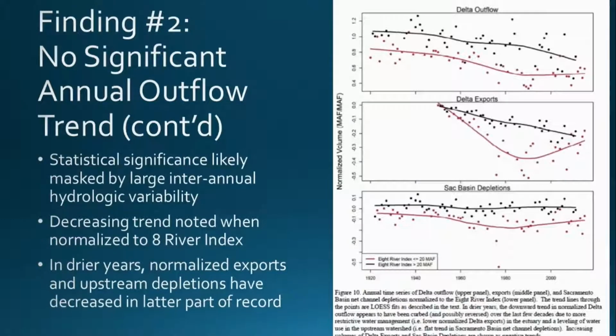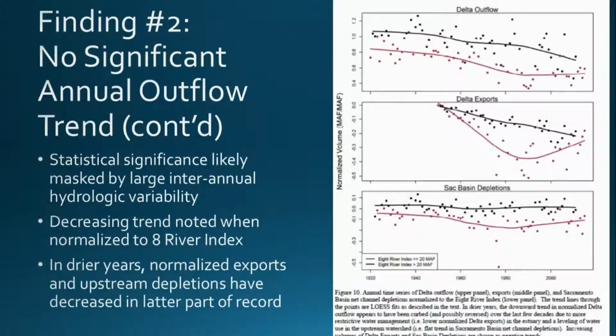And to validate that explanation, here's a graph on delta exports. When you look at it, first I have to tell you, you're going to be confused by the sign convention. We had to bow to the reviewers. They wanted a different sign convention. So when you see delta exports going down, it actually means the delta exports are going up. They just wanted it to be consistent with these trends.